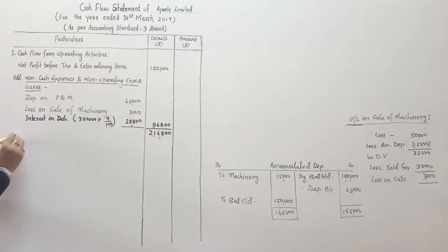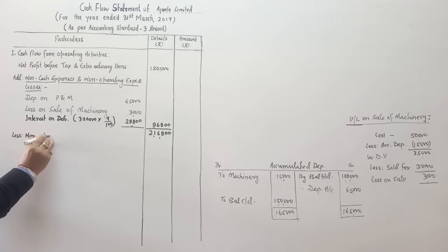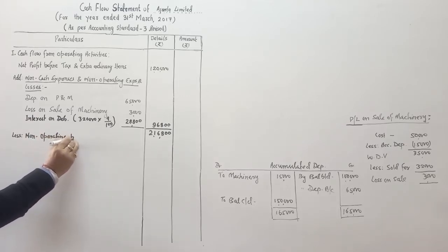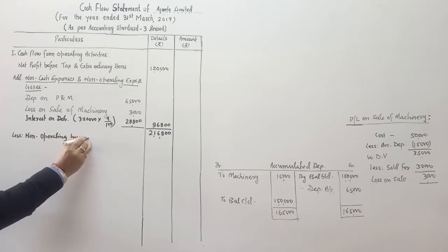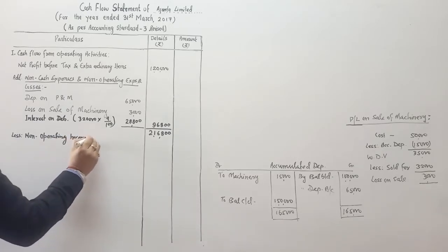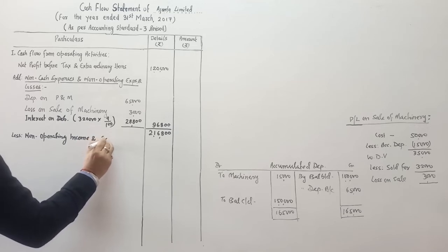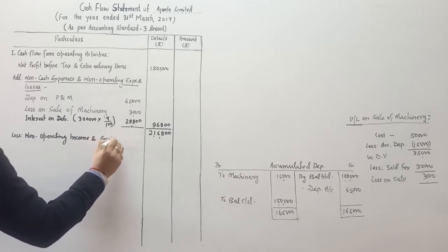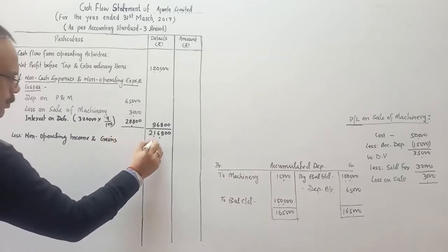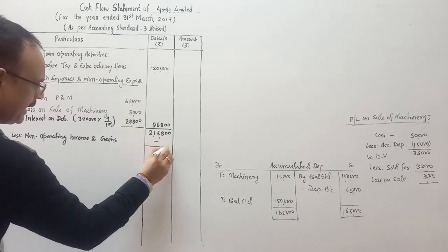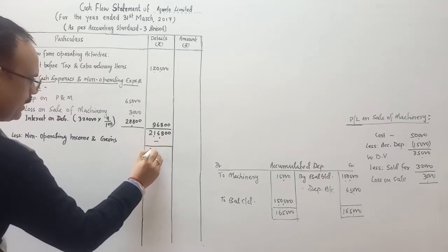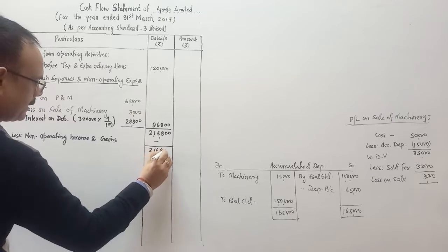Now the next step is what? We deduct the non-operating incomes and gains. Non-operating incomes and gains are deducted by us. So there are no non-operating incomes and gains here. So it is 2,16,800.